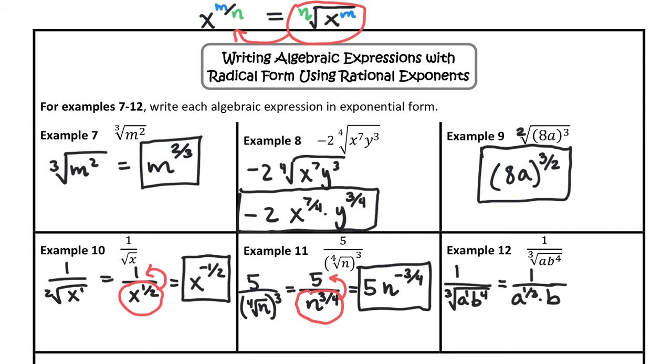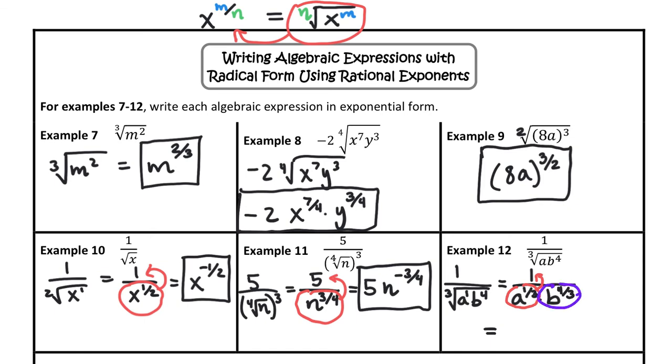And then if we look at the b part, there's a 4b to the 4 and there's a 3 in front. So it's going to be a fraction of 4 divided by 3. Okay. And then one last thing we can do is we can move both of these to the top.